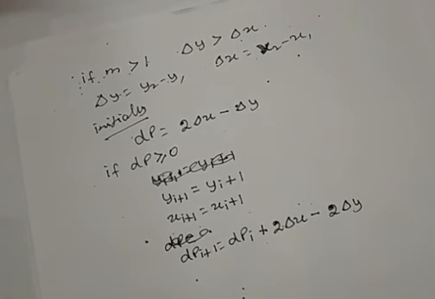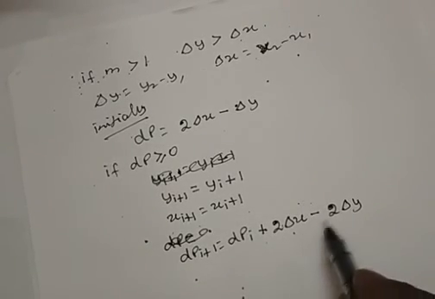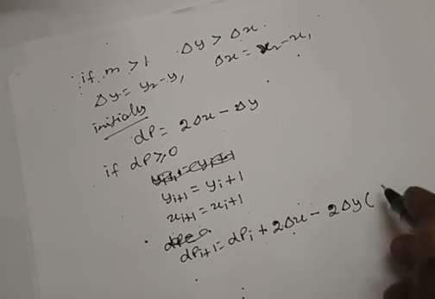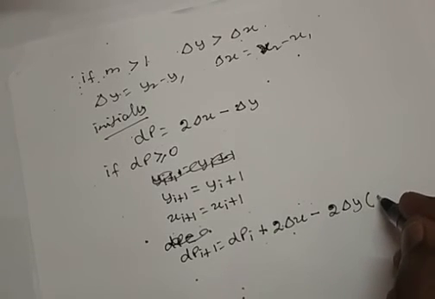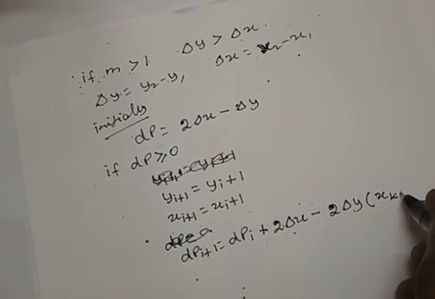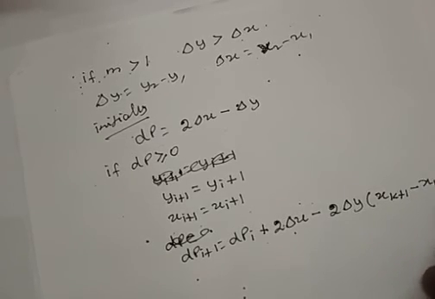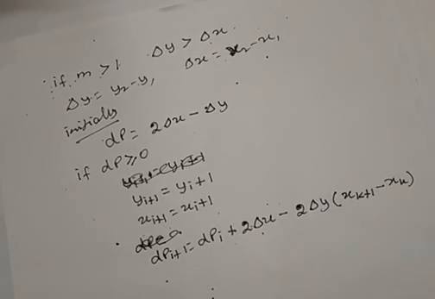You have to just reverse it. Since your m value is greater than 1, you use xk plus 1 minus xk.